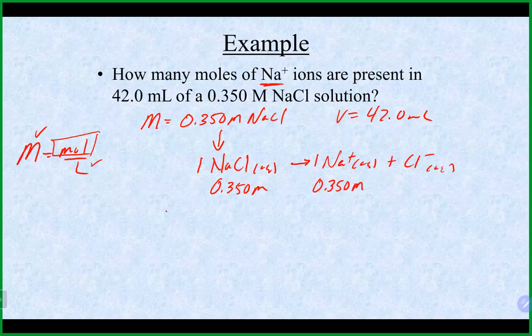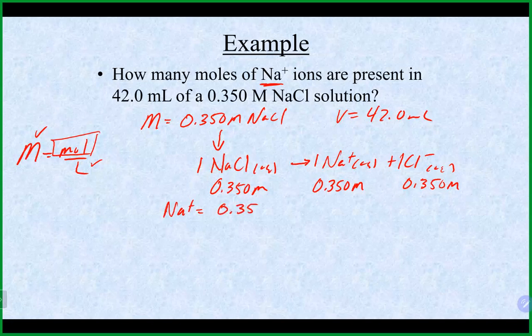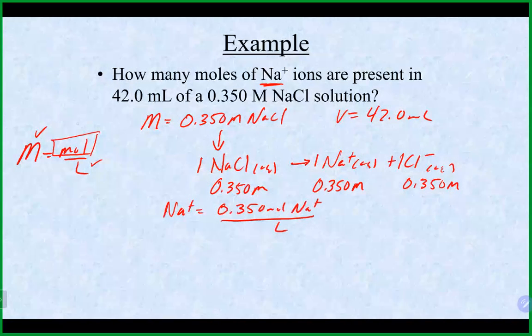And for reference sake, the chloride would also be 0.35 molar, not that we need it in this particular problem, because we're just looking at the sodium here. That basically means the sodium ions have a concentration of 0.35 moles of sodium ions per liter. So now that we have the molarity of the sodium ions by itself, we really could rearrange this and solve for moles.